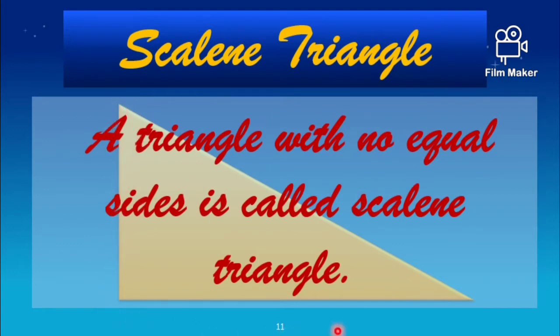As you can see in the figure that these three sides of a triangle, one side, the second side and the third side, these three sides are different in length. So the triangle which has no equal side is said to be a scalene triangle.